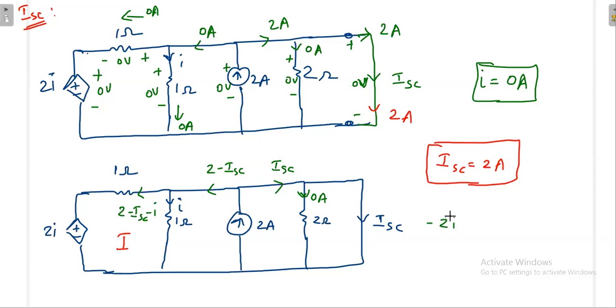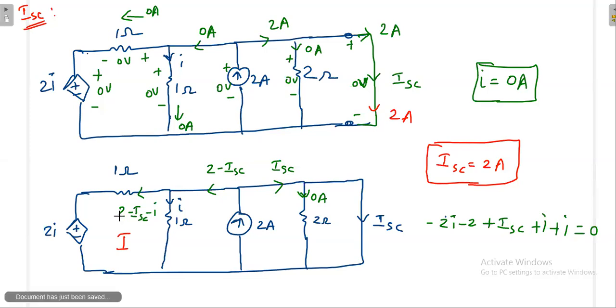Minus 2i, plus ISC, plus ISC, plus I, and again this voltage is I, plus I is equal to 0.